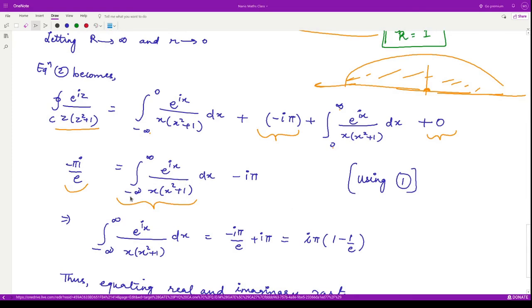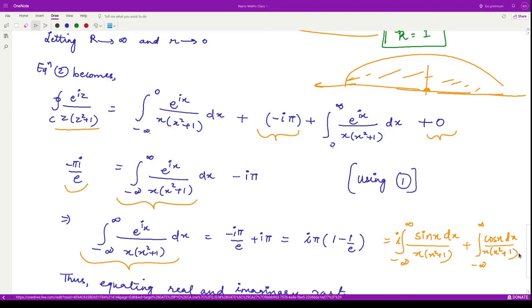So now you can club all these terms, and with us we have this expression. Now, as I have already told you, you can write this particular expression as integration from minus infinity to plus infinity of sine of x dx divided by x square plus 1, times iota, plus integration from minus infinity to infinity of cos x dx divided by x square plus 1.